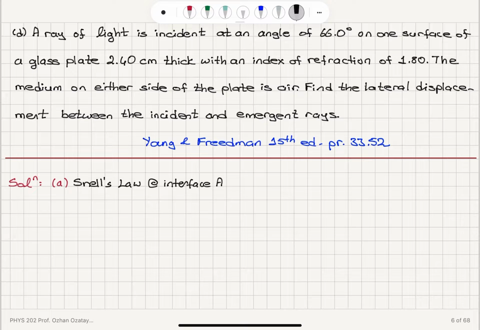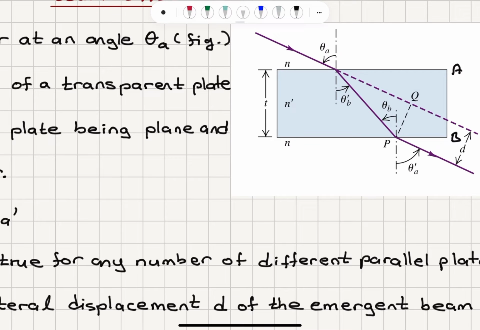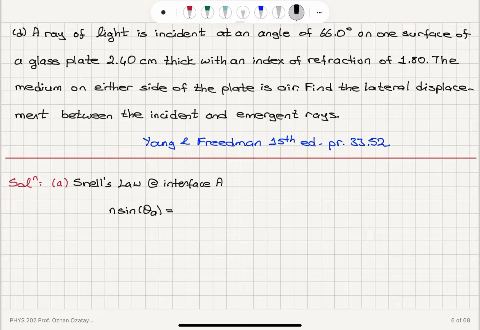So n sine theta A must be equal to n prime sine theta prime B, where theta prime B is the angle of refraction. N prime is the index of refraction of the transparent material.